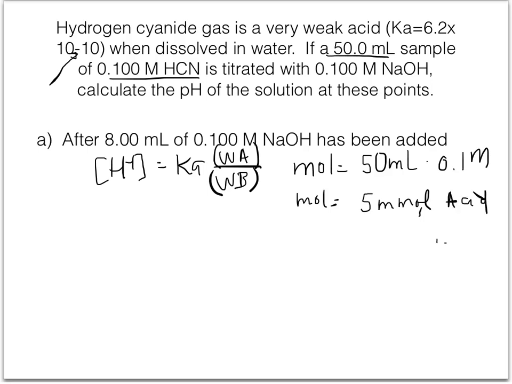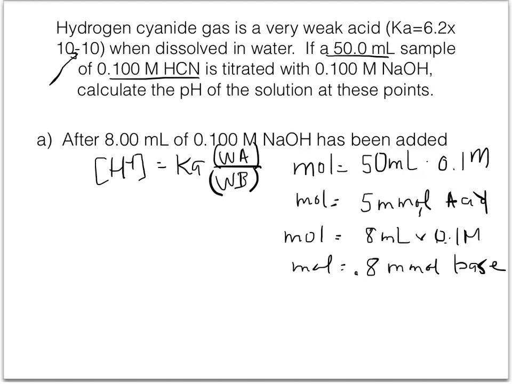Okay? And I'm going to figure out how many moles of base I have. So again, moles is going to equal 8 milliliters times the 0.1 molar. So I have 0.8 millimole of base.